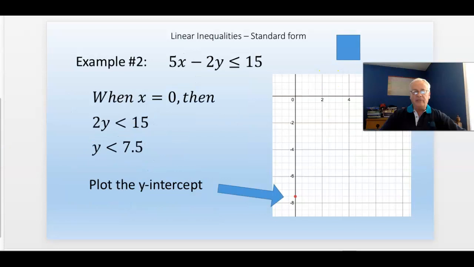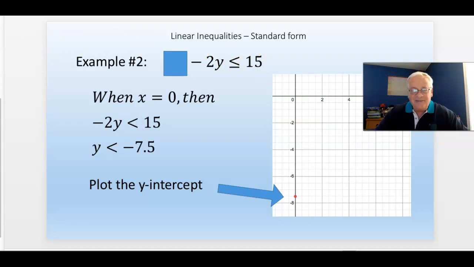All right, another example, number 2. 5x minus 2y is less than or equal to 15. First set x equal to 0. So you just cover up the 5x. So all you have left is negative 2y less than 15.